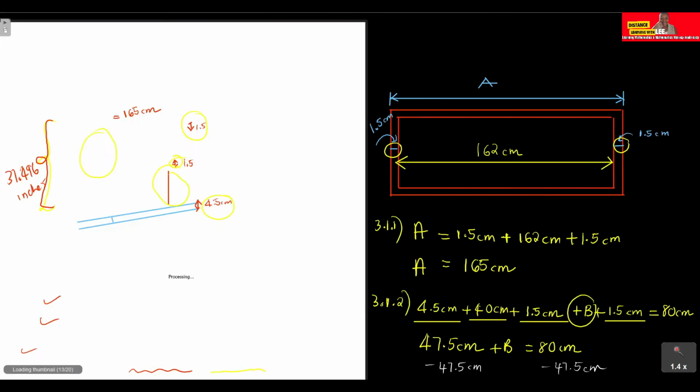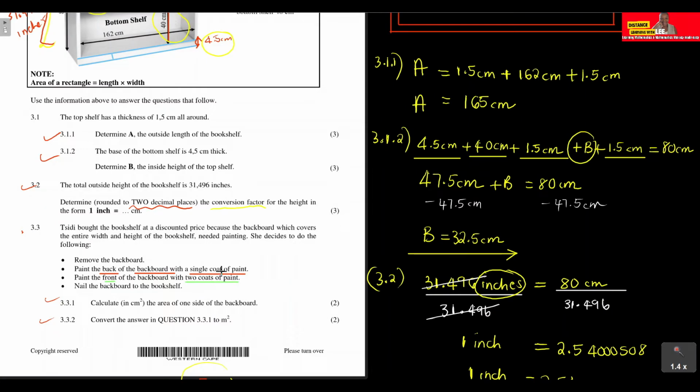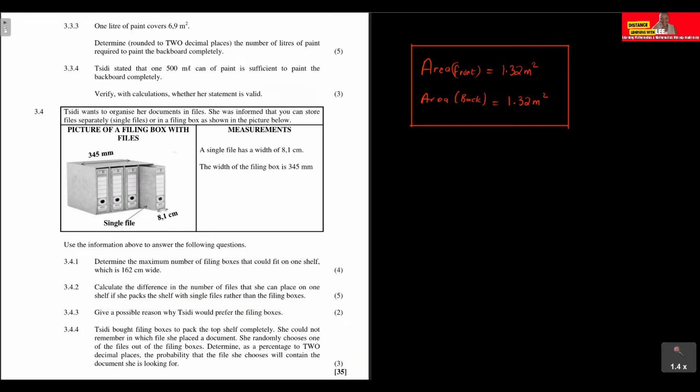Remember, we were also given information here that told us that to paint the back, you just need 1 coat of paint. So for the back, you will need 1 coat of paint, right? And for the front, we will need 2 coats of paint.